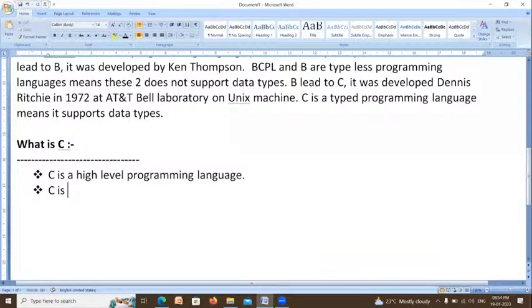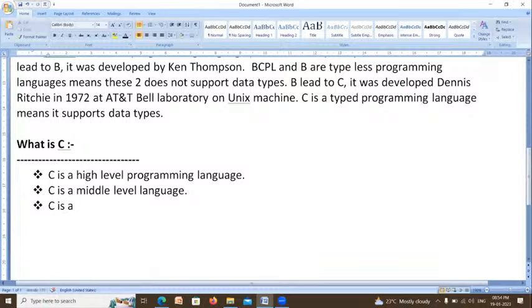C is a middle-level language. Why? Because C language supports low-level language features as well as high-level language features. So it is called a middle-level language.